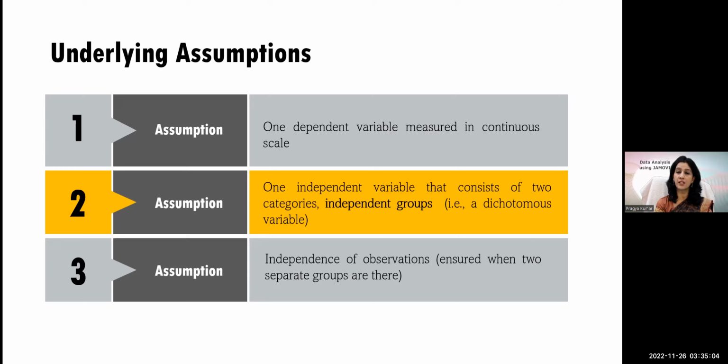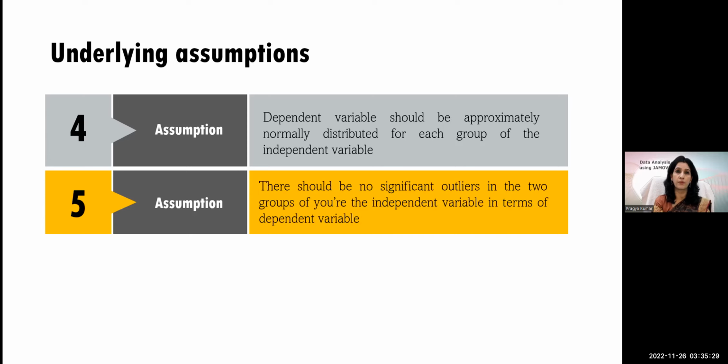If you can recall, one group of students has good quality sleep and another group has poor quality sleep. Both these groups are separate. If you have counted one individual as good quality sleep, you will not count that individual in poor quality. The individual will fall into only one category. That is what we mean by the independence of observation.